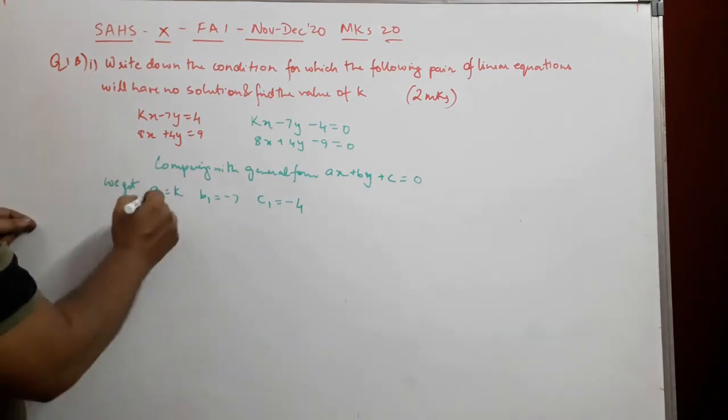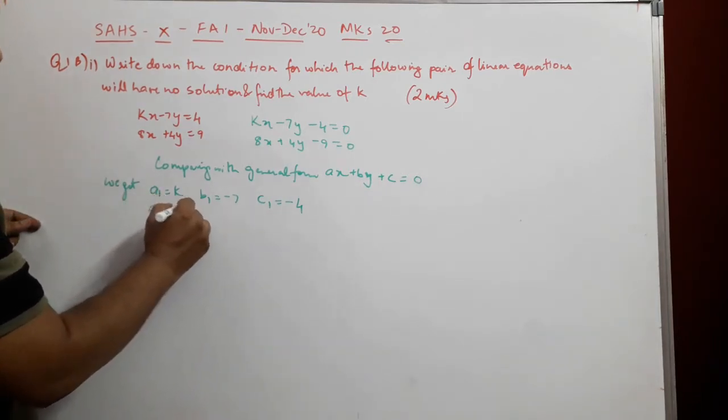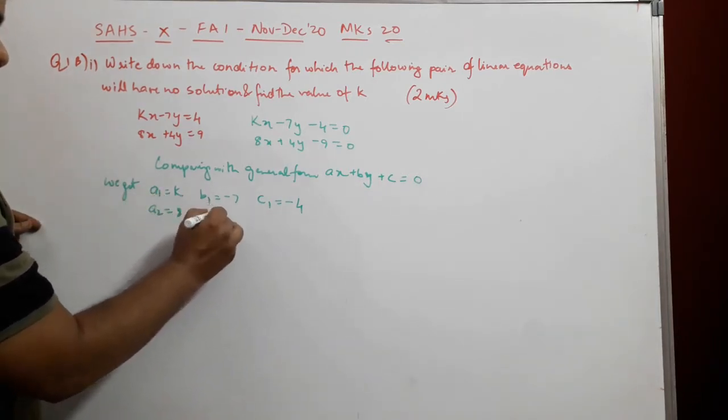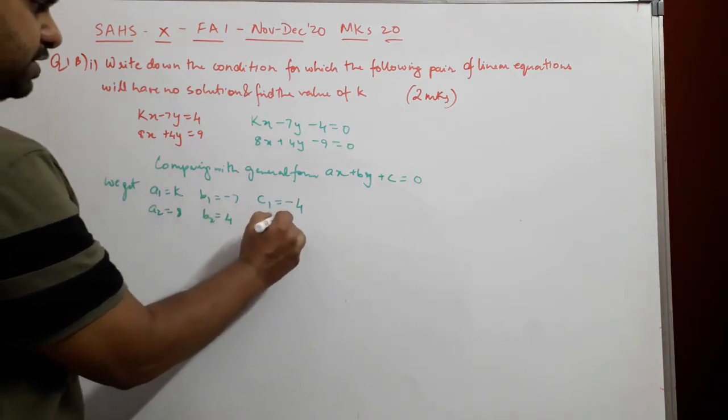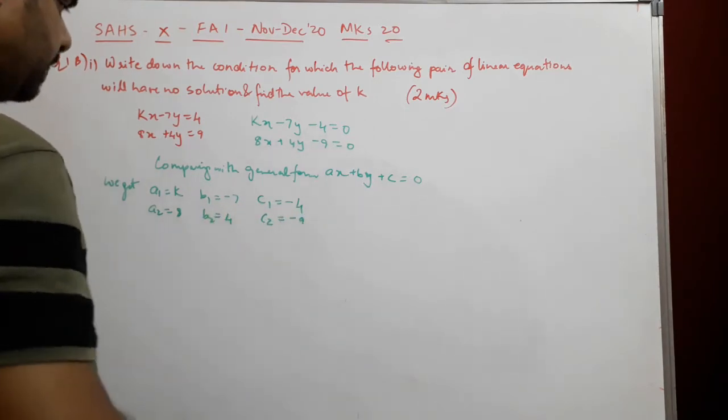Then we have a2 equal to 8, b2 equal to 4, c2 equal to minus 9.